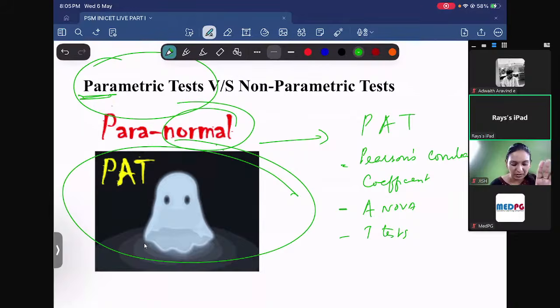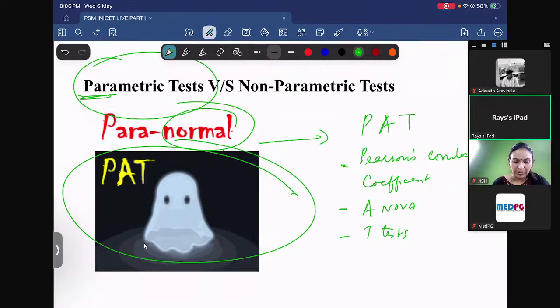Almost all the rest of the tests, your chi-square test, Spearman correlation, Mann-Whitney, Kruskal-Wallis, are examples of non-parametric tests. Except PAT, whatever test you see in the question paper, mark non-parametric. If you see Pearson's, ANOVA or T, that is a parametric test. Direct questions are asked, like which of the following is or is not a parametric test.